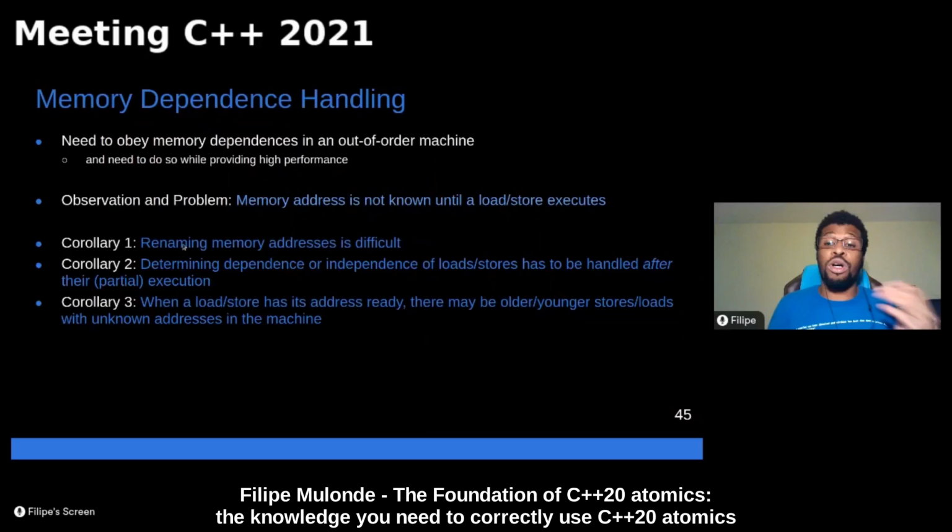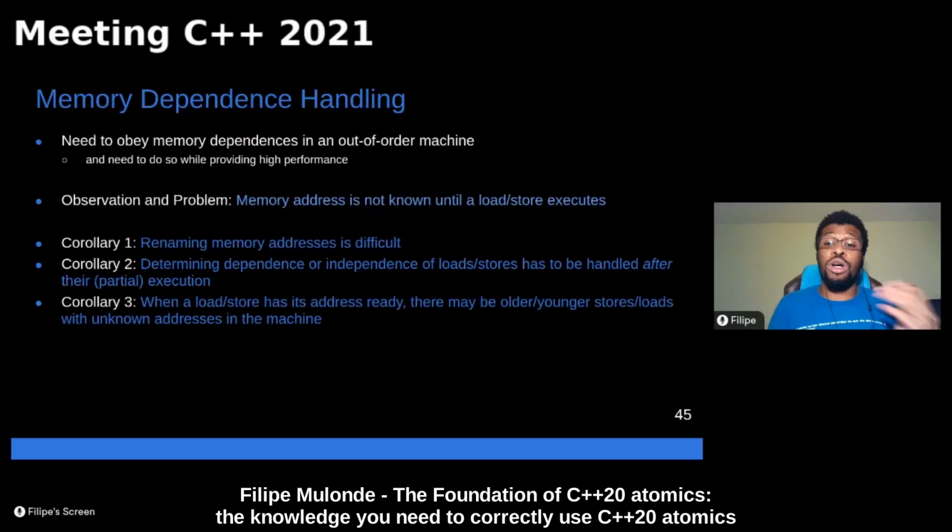So let's understand the problems that we have with memory operations. First, renaming memory address is difficult, and we will see why. Second, determining the dependency or independence of a load or store has to be handled after the partial execution, as I just stated, that we cannot dispatch loads or stores before computing the address.